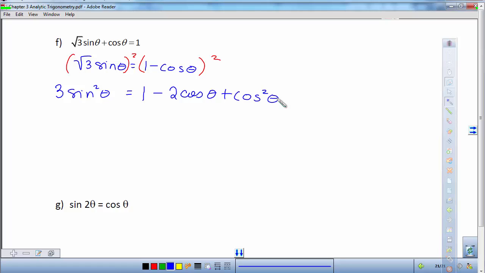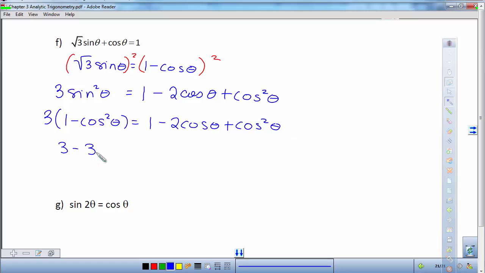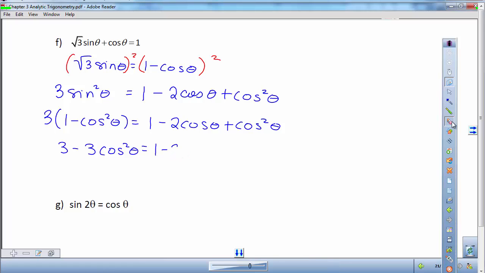And now I'm going to convert sine squared theta to 1 minus cosine squared theta. Okay, so we get 3 minus 3 cosine squared theta equals 1 minus, well, let me go ahead and turn these around if it's okay.